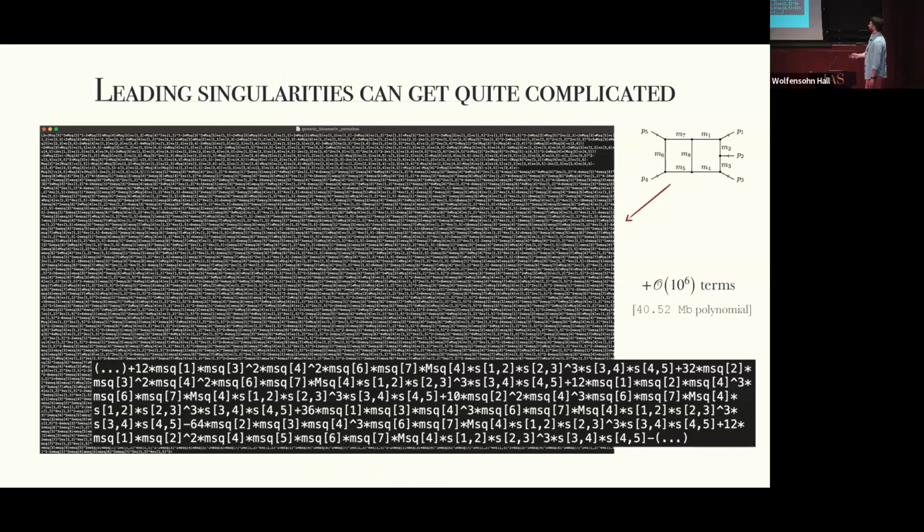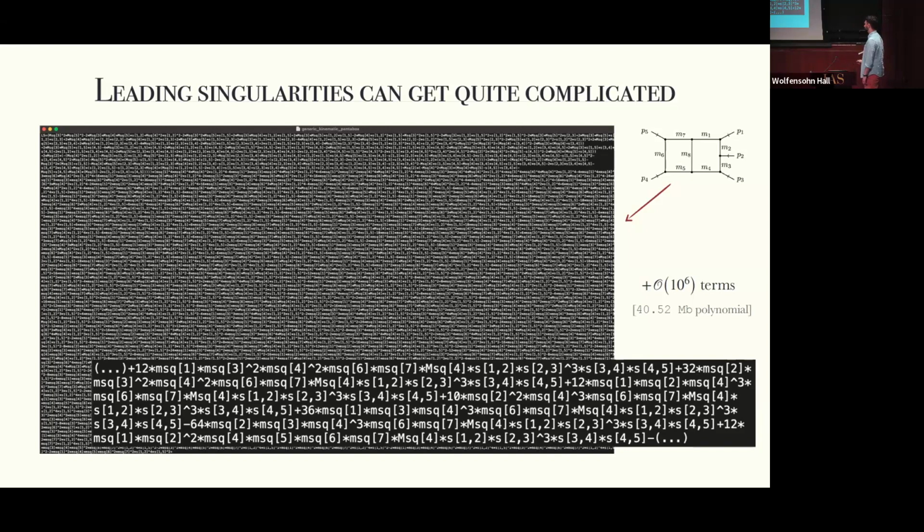But before I conclude, I wanted to give you an idea of how crazy these things can get. So this is the generic kinematic pentabox. As I said, there are 18 kinematic variables. This is just a sample in the background of how the polynomial looks.